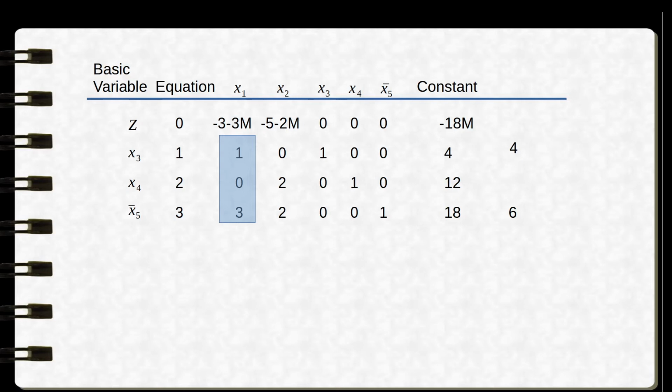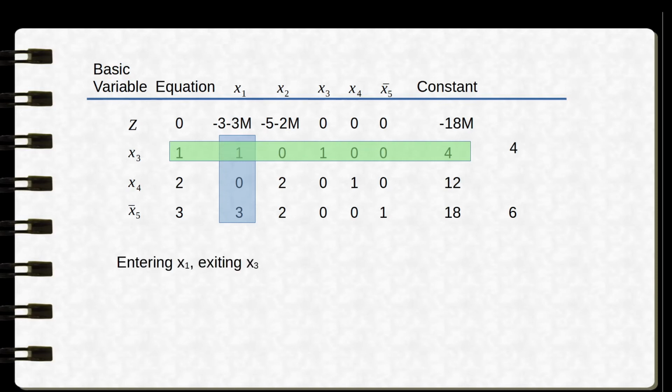We take the least of these two rises, so we are going to box this equation, and since in this equation x3 was treated as the non-basic variable, our exiting variable now will be x3. The entering non-basic variable is x1 and the exiting non-basic variable is x3. So entering x1, exiting x3.